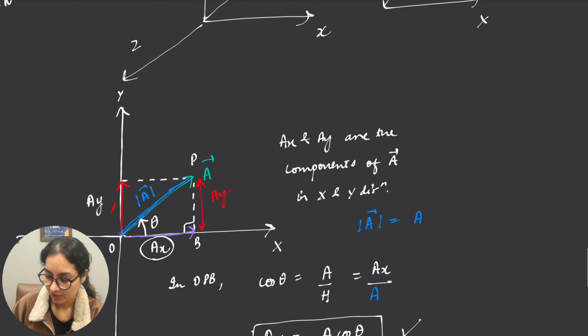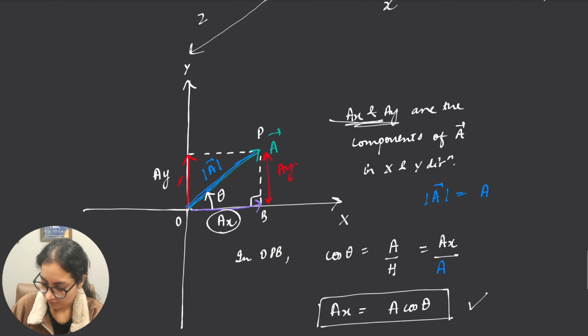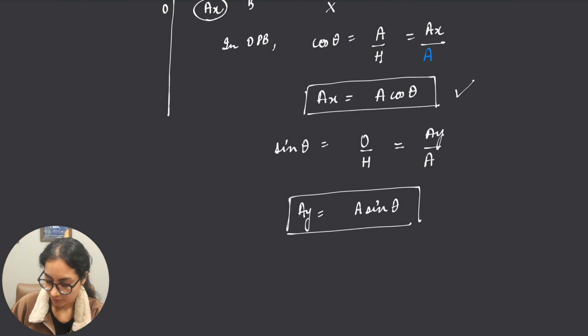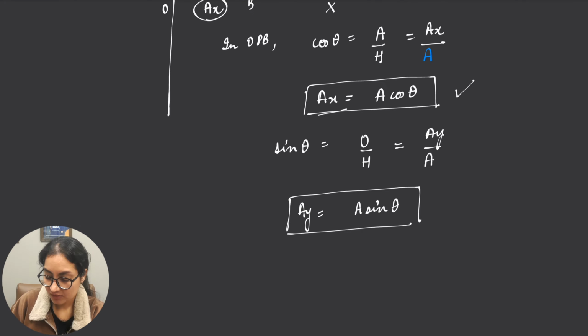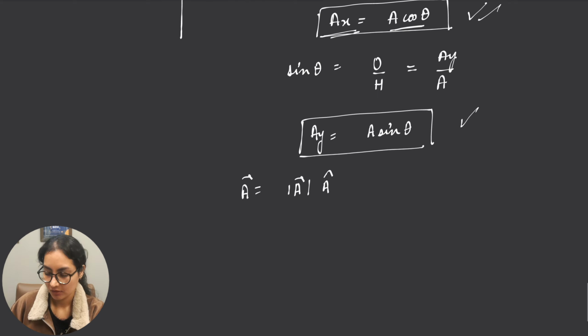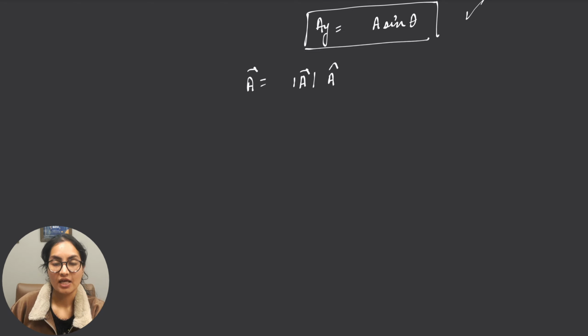So I have found Ax and Ay, which are the components of vector A along the x and y direction. But this is only the magnitude of the component along x and y. In order to define a vector, I need its magnitude and direction both, but I only have magnitude. So let's find out the direction as well.